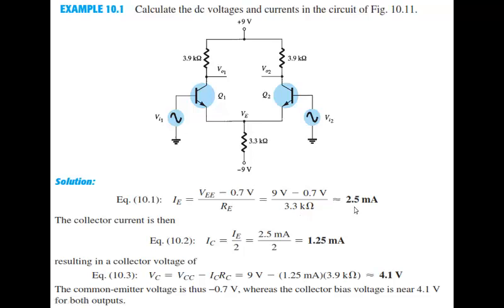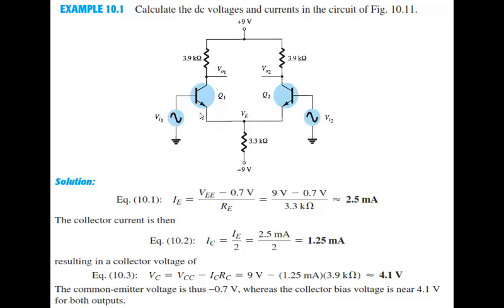So the current would be equal to 2.5 milliampere. Half of the current would be flowing here and half of the current would be flowing here. So 2.5 divided by 2 would be equal to 1.25 milliampere. So 1.25 milliampere will be in this link and 1.25 milliampere would be in this link.